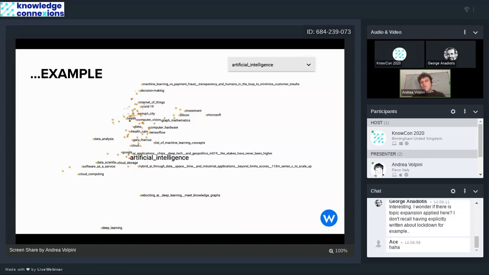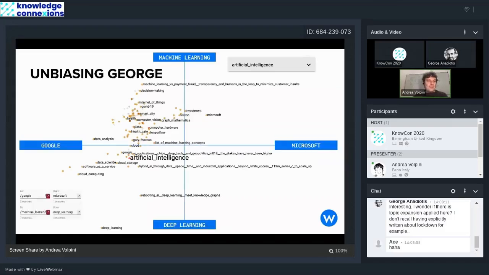But I can also use it for adding additional properties or annotations that I might have missed inside my graph. So we can also use it for unbiasing George, because George writes a lot about, of course, artificial intelligence.